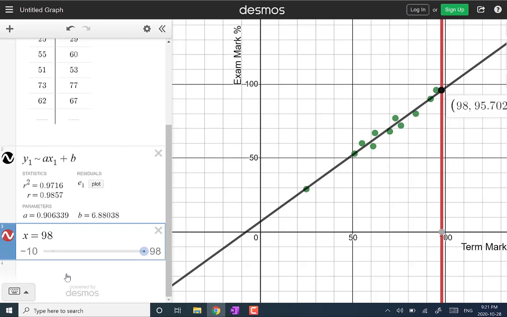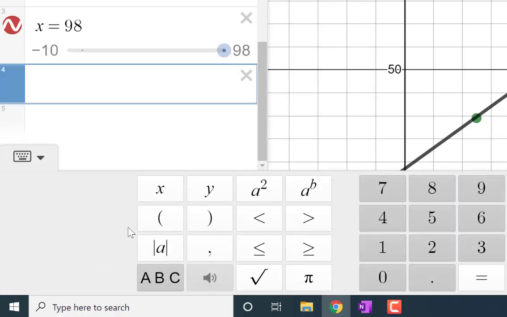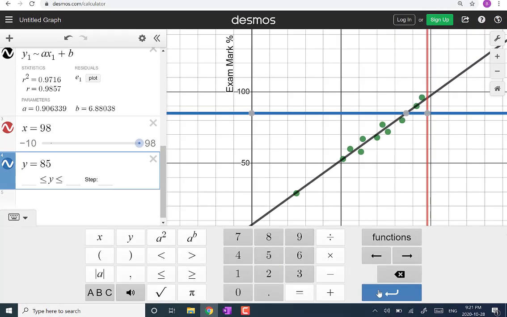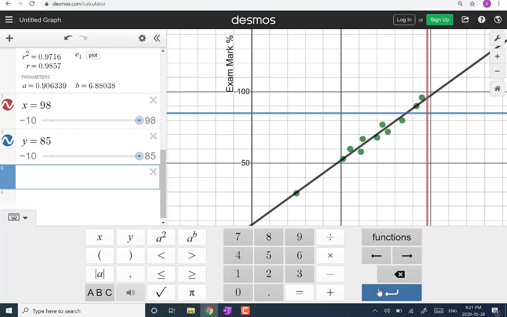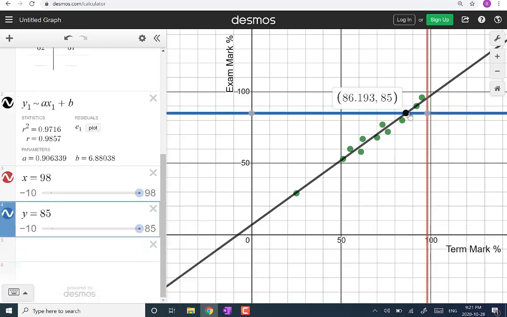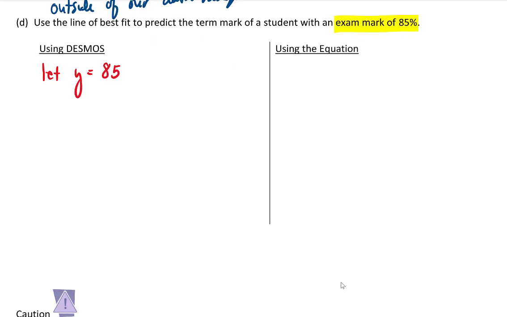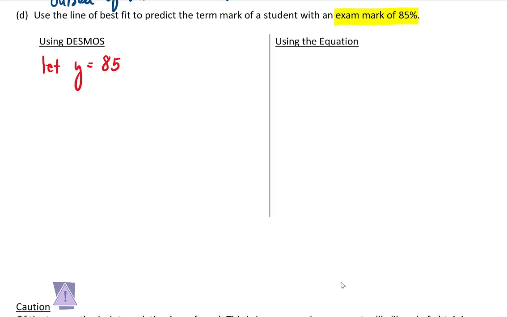So recall in Desmos, we're just going to type in y equals 85, and hit enter. We're going to go to that point of intersection of the y and line of best fit. Click there and notice it predicts that if we had an exam mark of 85, that our term mark was approximately 86.2%.